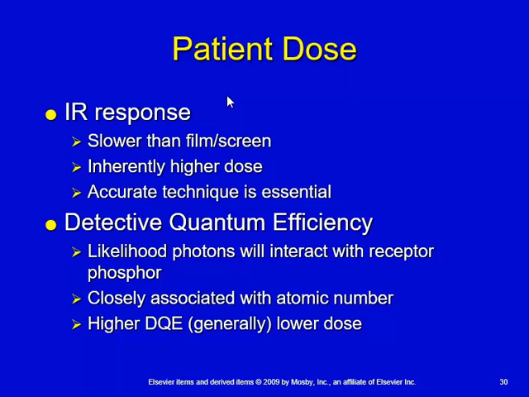So what we had was a situation where people started getting lazy, and instead of knowing what their technique should have been, the technique wasn't as essential for image production, but it became more essential for patient dose. What I mean by that is people started shooting with too high of a dose intentionally so that they wouldn't accidentally shoot with too little dose, and it led to what we term dose creep.